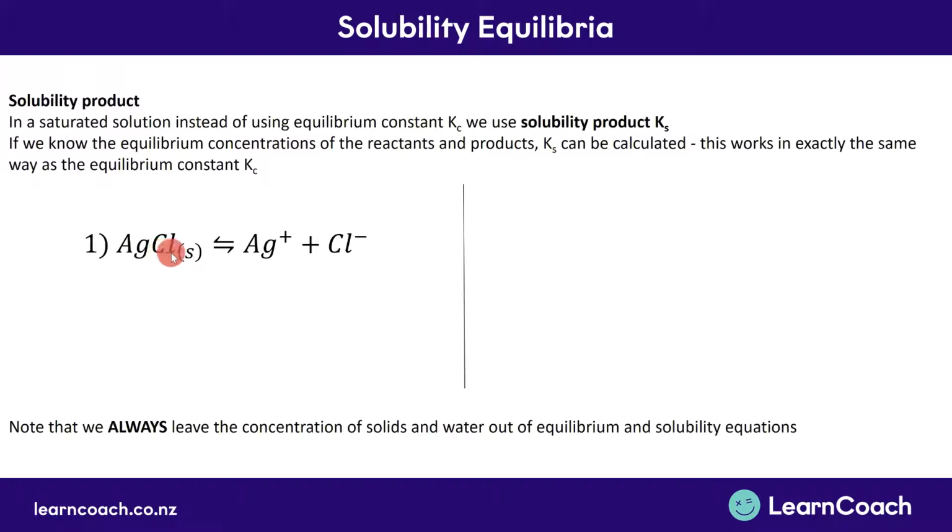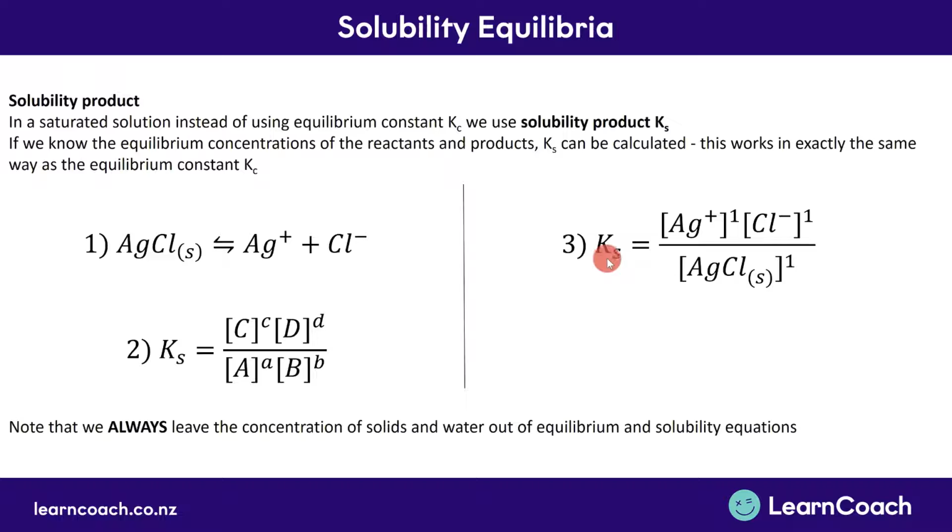We have AgCl, a solid, in an equilibrium reaction, forming Ag+ and Cl-. So the Ks equation for this is exactly the same as the Kc equation. Products over reactants. Ks equals Ag+ to the power of 1, because there's only one lot of Ag+, and Cl- to the power of 1, divided by AgCl.